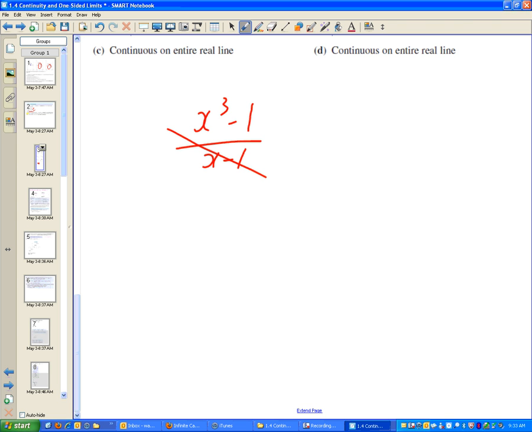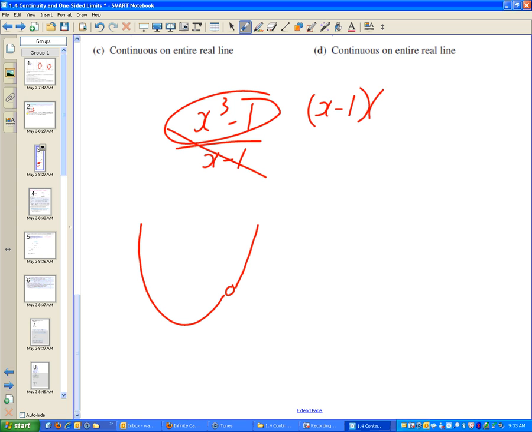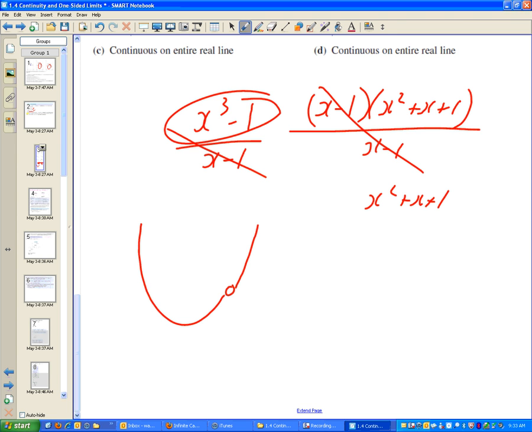Yes, except the hole's filled in. Because that's what happened there. Remember, it was something like that, and then once we factored it, we did that. Then when we graphed x squared plus x plus 1, it looks exactly like this graph, except the hole's filled in.